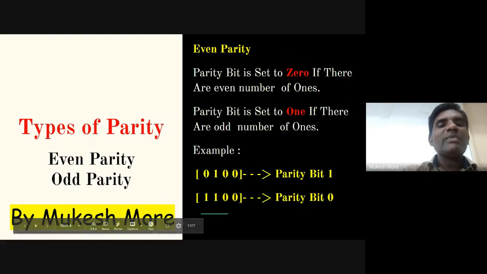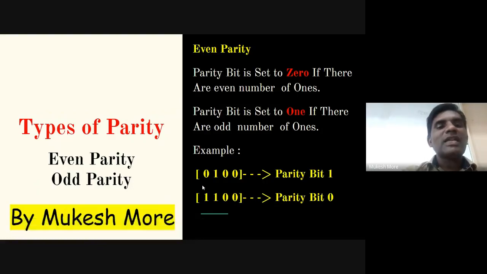So we add parity bit 0. So this is about even parity. The simple conclusion for this point is that the parity bit is set to 0 if there is an even number of ones, and set to 1 if there is an odd number of ones.